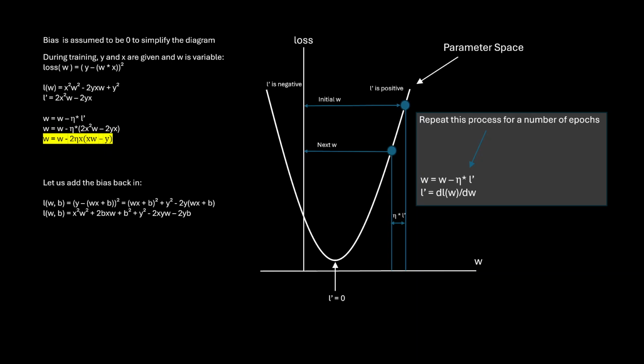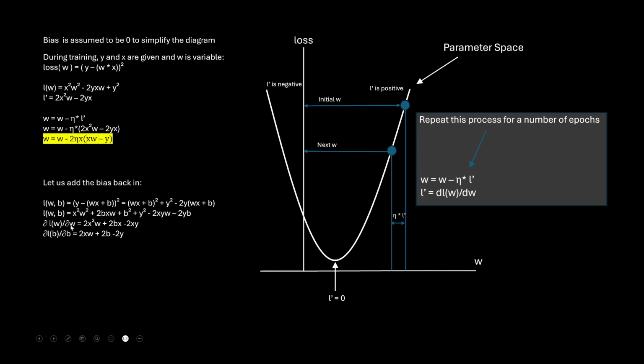Same thing. So we added the bias back in. So now the loss function is a function of the weight and the bias. And this is what you get. Feel free to pause the video and really try to internalize, rationalize what's happening here.